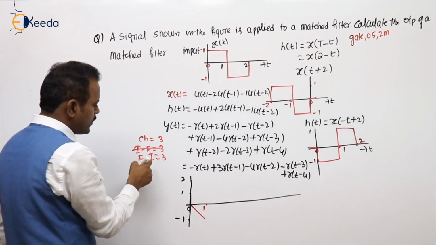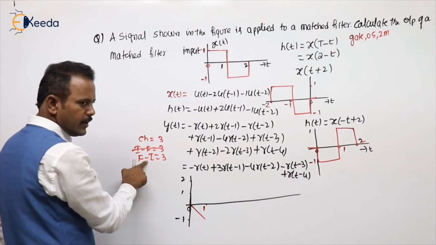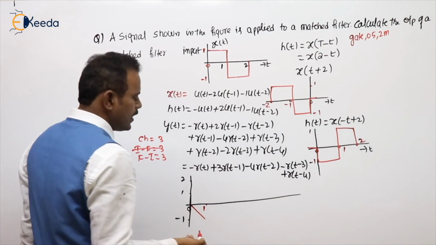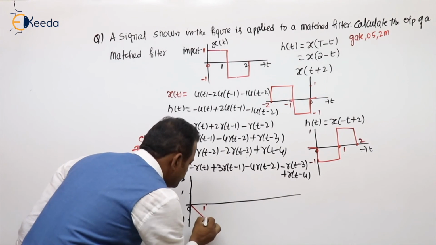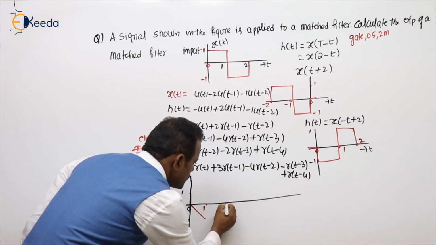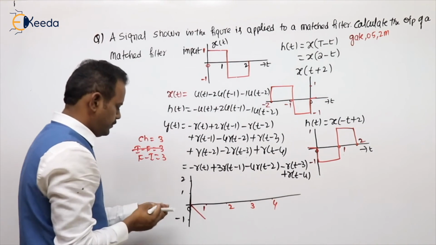Are you getting my point? So minus of minus, plus 1. So plus 1 comes this side, minus 1. So finally, it is increasing with a slope of 2, at 1, 2, 3, 4.